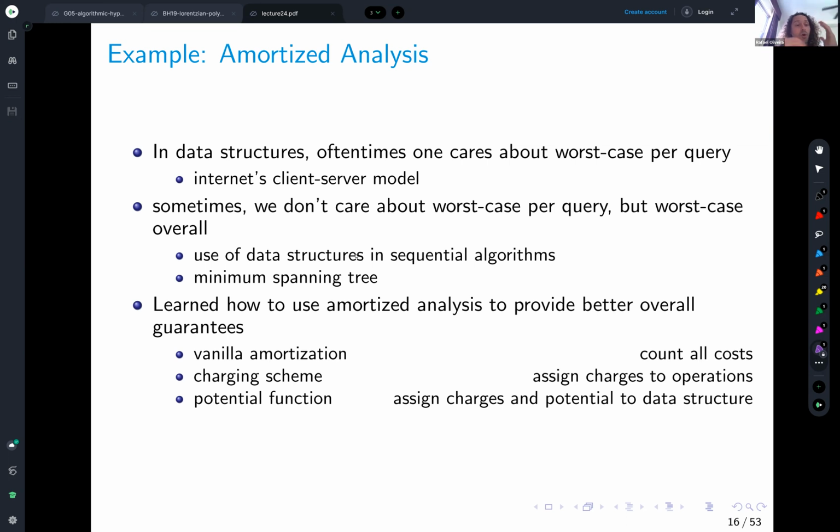And these charges, all I know is that they build credit, right? So if I assign a charge, initially the cost of the operations is small, and then I build a certain credit, and then later on, whenever I have an expensive operation, I have to prove that I have enough credit that pays for this extra expensive operation, right?